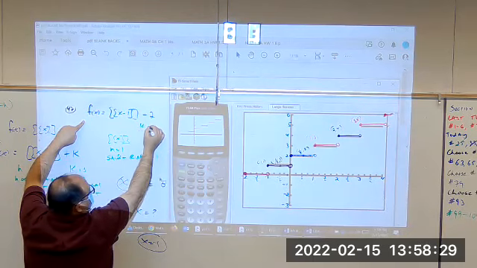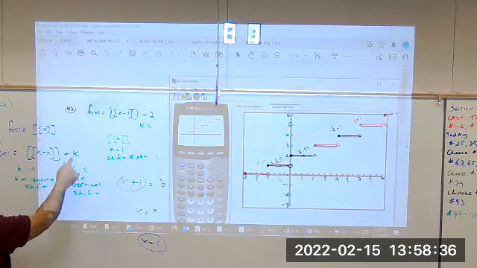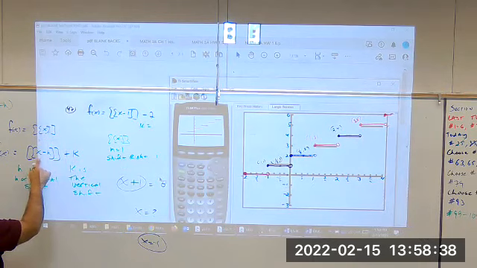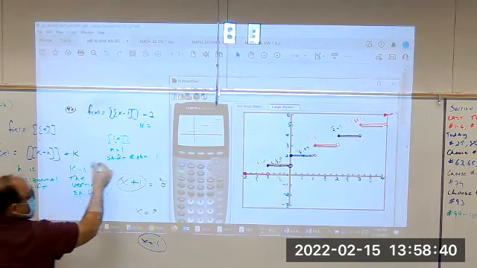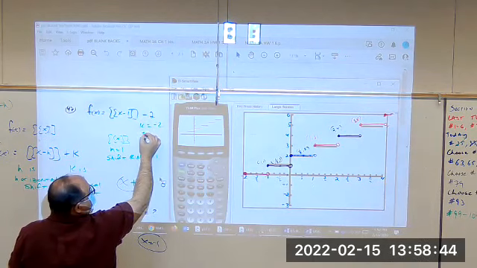The opposite is +1, so it's shifted to the right. And k has a plus in front of it. So for k, you keep the sign. H, you do the opposite. K, you keep the sign. So this k is a -2. So it's going to shift down too.